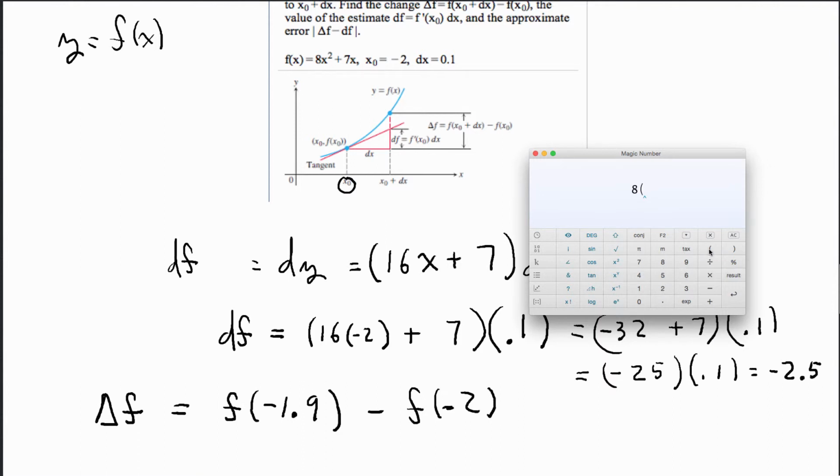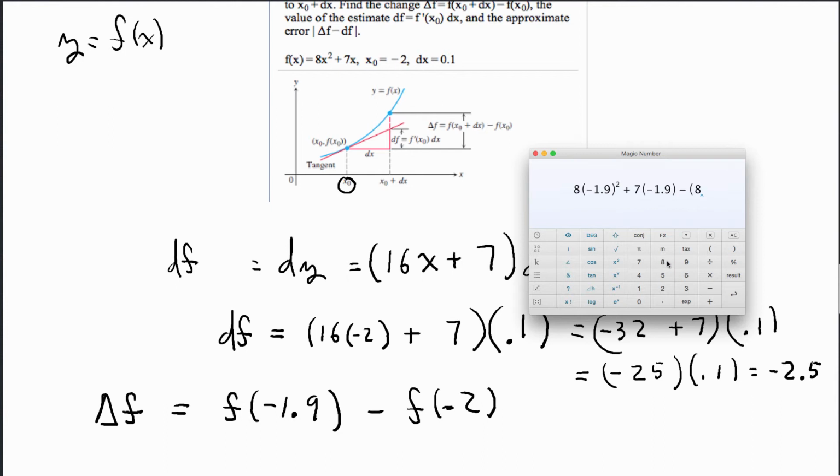So I'm going to take that times, so what am I doing here? I have a negative 1.9, and then I'm going to be squaring that, and then I'm going to be adding. What am I adding to that? So now I'm evaluating the function at negative 1.9. So 7 times negative 1.9. And then I'm going to be subtracting what I get when I evaluate at negative 2.